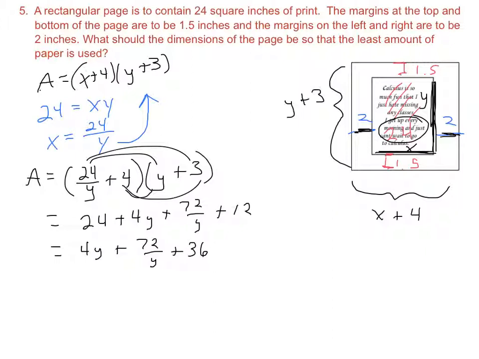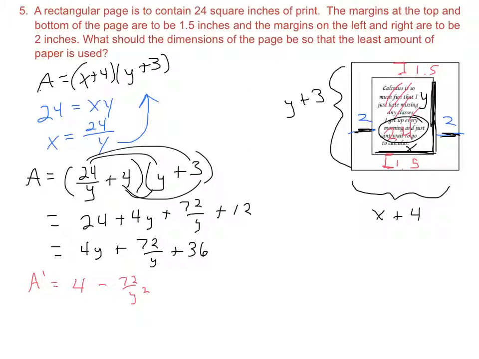Take a minute if you need to work out that algebra, make sure you've got it. It can be a little messy with that fraction. Now we want to take our derivative so that we can minimize this, and so it's going to be 4 minus 72 over y squared.